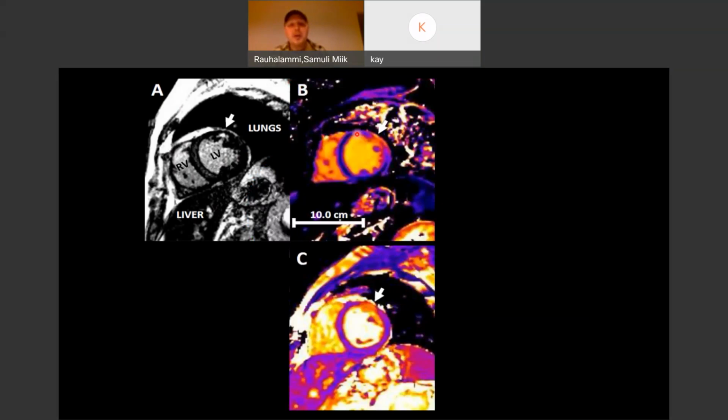But one thing that you'll notice here is that there's a large bright area. Roughly at the same area where we saw the dead tissue, we see a large bright area. This is the same patient, taking images in multiple different ways. Whether it's T1 or T2, we'll see that this bright area is larger than what's already dead. This bright area tells us that this tissue is at the risk of dying.